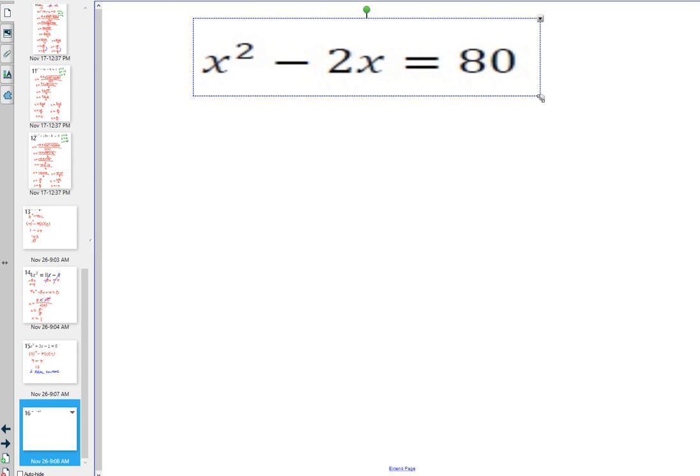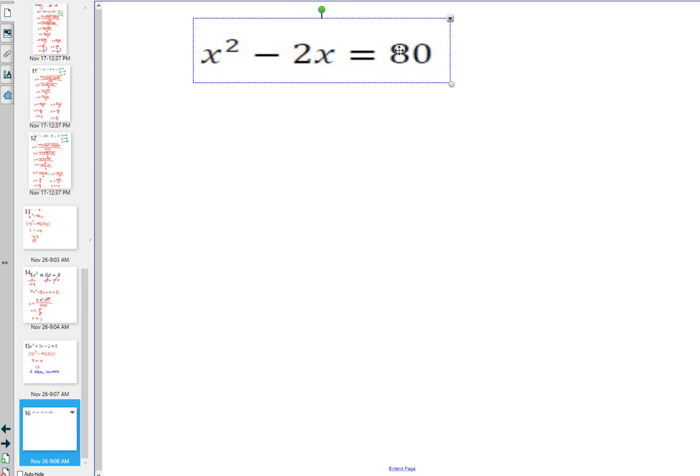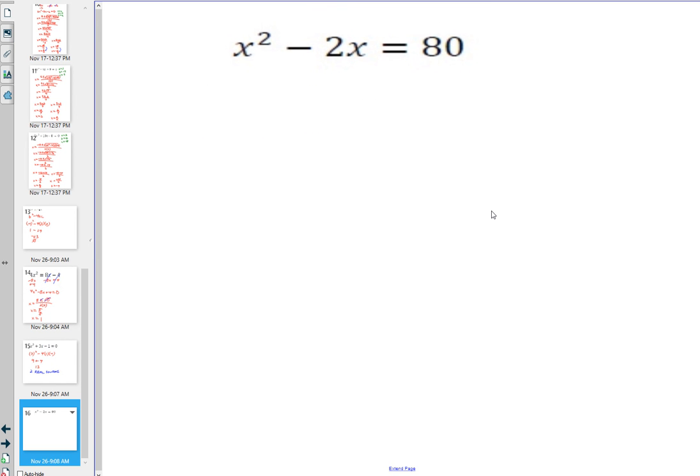If this were to show up on the test tomorrow, more than likely, what method would you be asked to use? It's not that it can't be done by quadratic formula, but you're probably going to be asked to complete the square because you see the x's on one side and a constant on the other side.